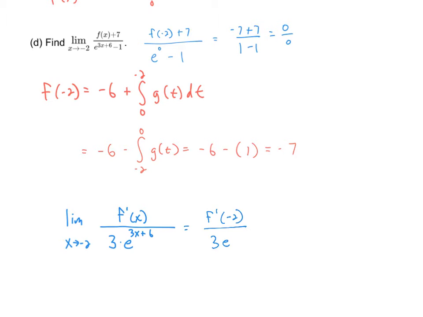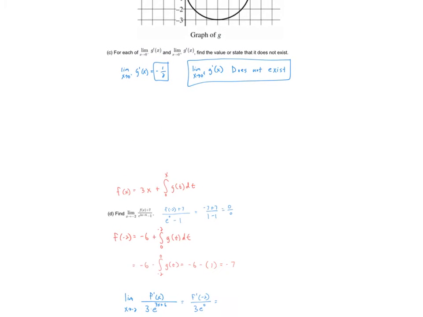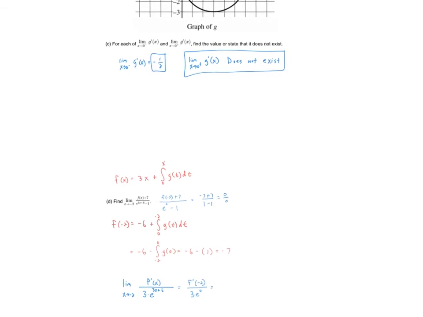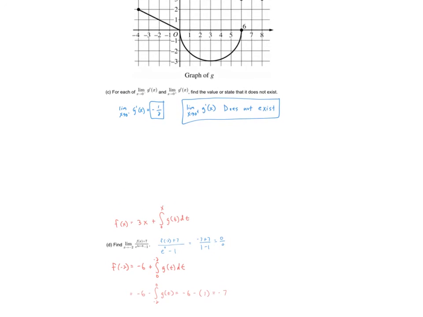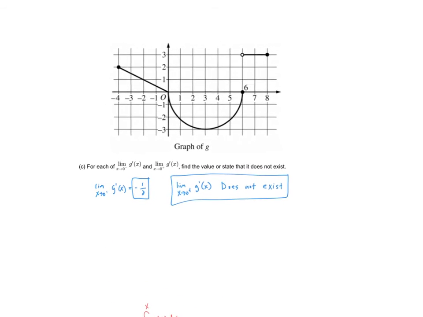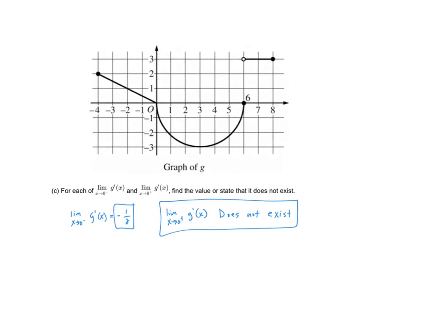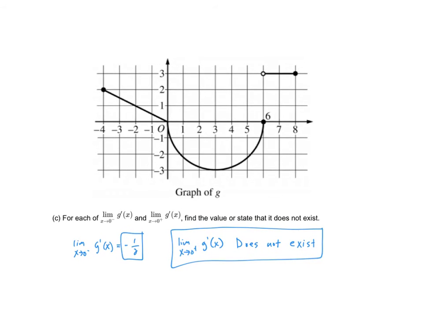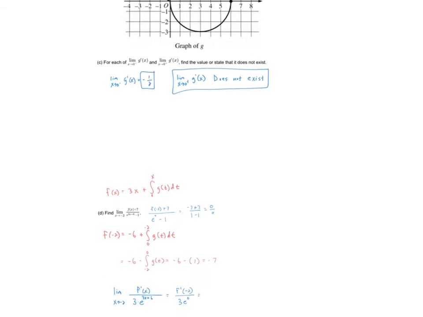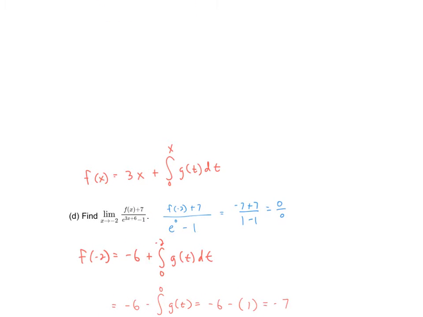If we plug in -2, that's 0 there. And then now f prime at -2. Did we get that already? Maybe not, but here's f of x, and then we'll realize f prime of x is 3 plus g of x.